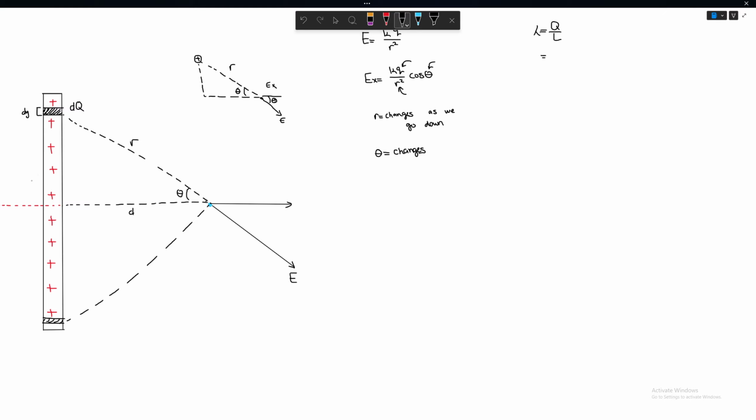This is for the actual rod. And so my Q for the whole rod, so let's say rod charge equals big Q, right? And so it's Q over L. And I'll be like, okay, well, I have a second rod. This is my second rod, which is lambda equals dq over dy.